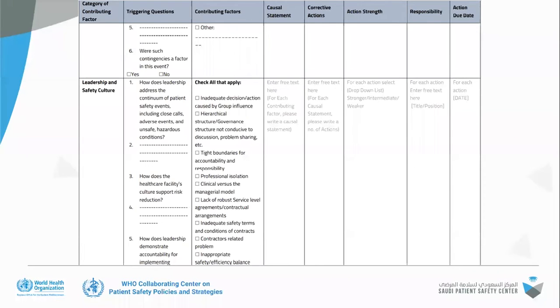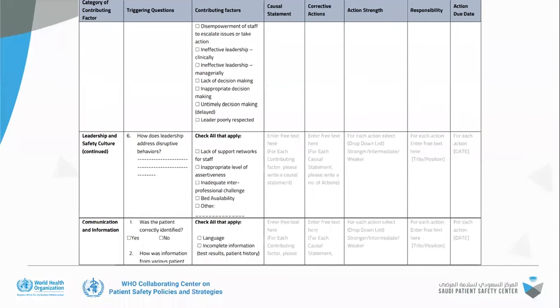Then check the contributing factor: is there any inadequate decision or action caused by group influence? Is there any hierarchical structure or governance structure not conducive to discussion or problem sharing? So check all the contributing factors that applied. Then write your causal statement.